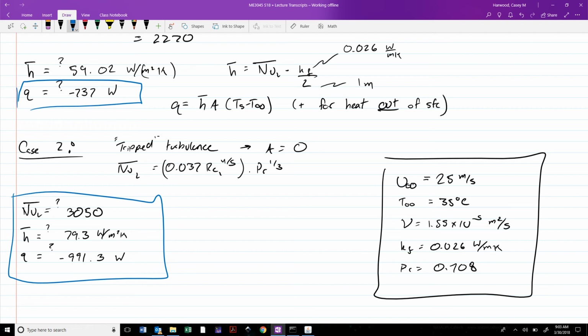Okay, I thought it was the critical. No, so the idea is that if transition occurs at a critical Reynolds number of 0, then A goes to 0. If transition occurs at a critical Reynolds number of 5 times 10 to the 5th, then A is equal to that 871. So it's the same Reynolds number from case 1. Yep. Okay.